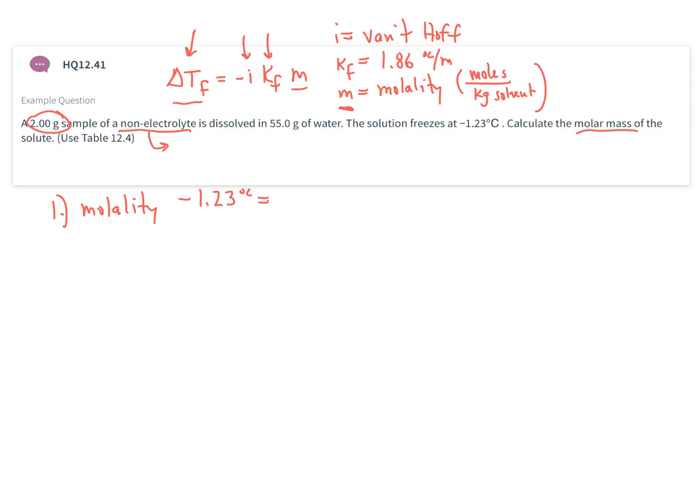Non-electrolyte means it goes into solution as one thing, so I have a van 't Hoff factor of 1. Times my freezing point constant for water, 1.86 degrees Celsius per molal, and molality is my unknown. So I'm going to divide both sides by a negative 1.86 degrees Celsius per molal.